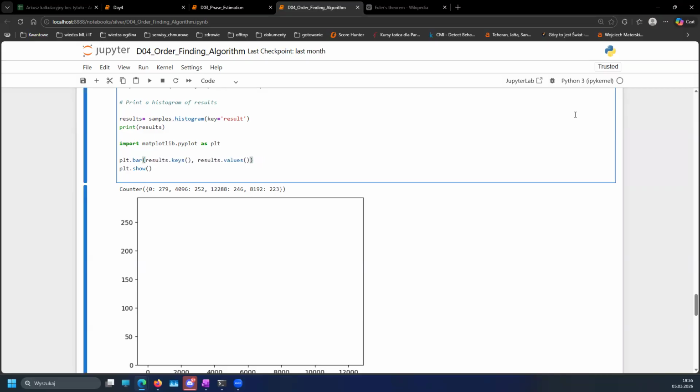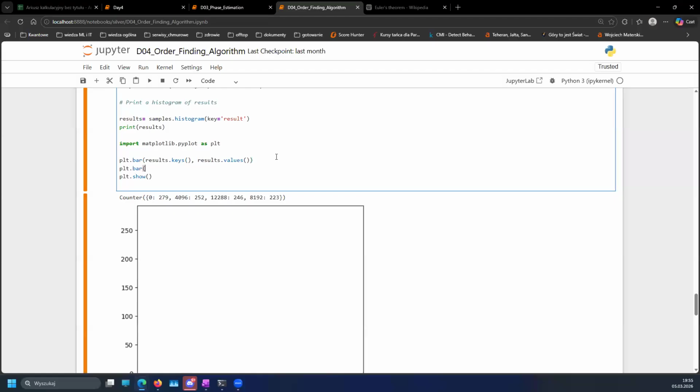So I will need a list comprehension. plt.bar, and then here is something for key in results, key, and here I want the key as a string.